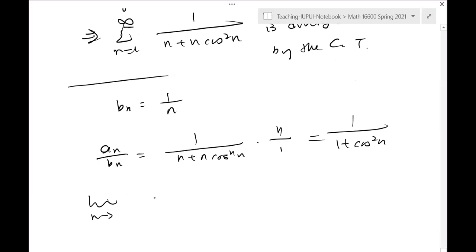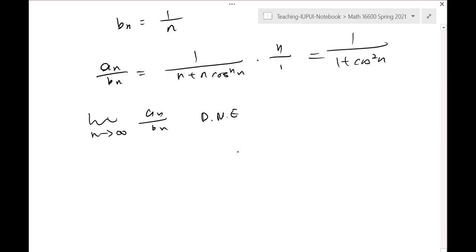Although I know that a_n over b_n is less than or equal to 1 and greater than or equal to 1/2, it does not approach any fixed number.